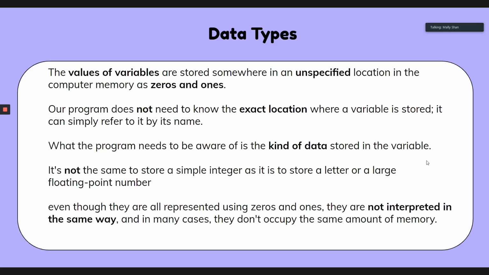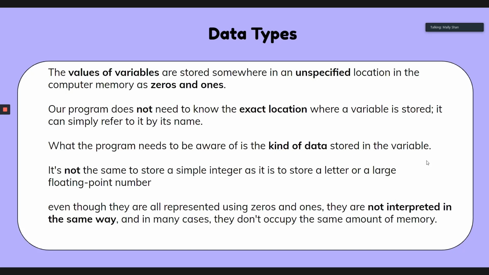But what it does know is the kind of data type that is stored in that variable. It does know the difference between an apple and an orange. So whenever you store something inside your actual variable, your computer never actually calls to it based on its location, but calls to it based on what kind of data type it is. And that's why data types are so important.